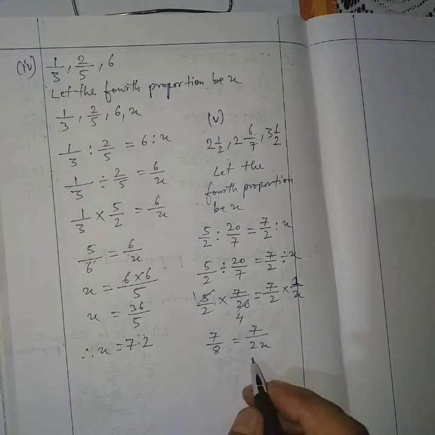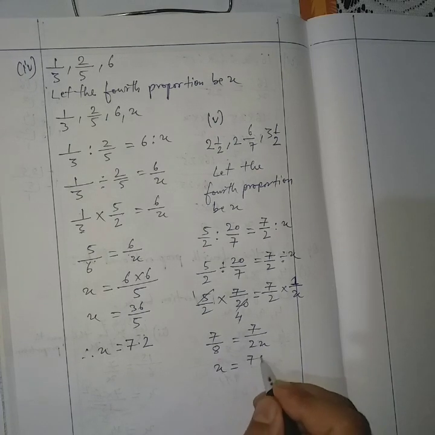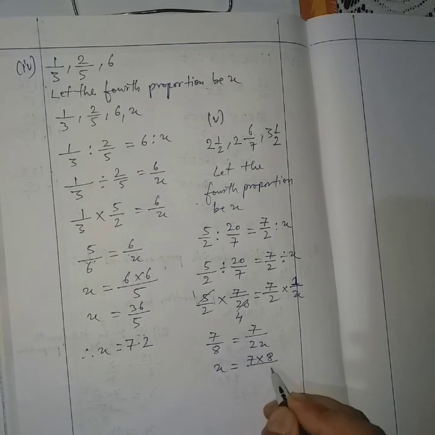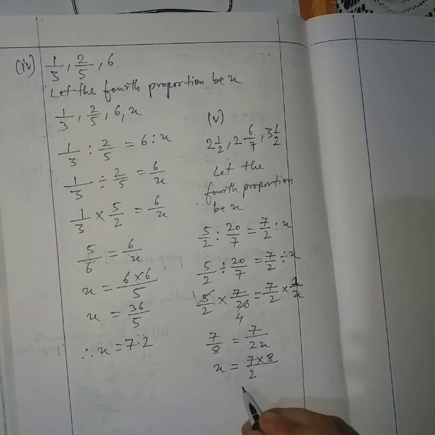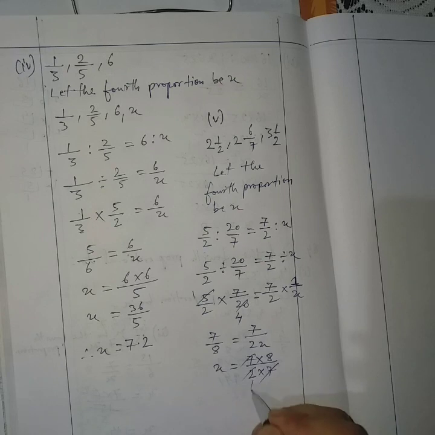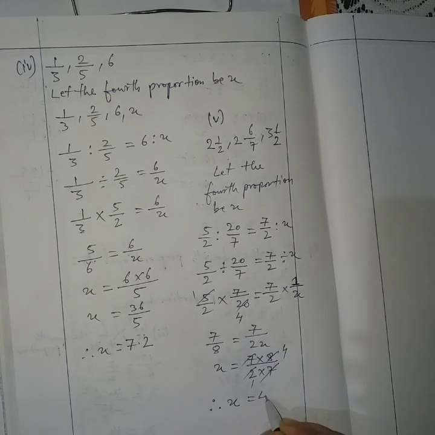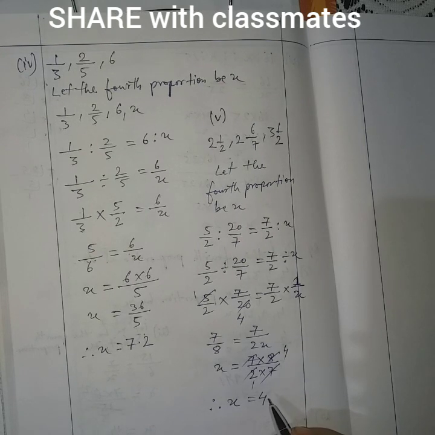So x goes this side and 7 into this 8 divided by 2 is here, and then this 7 and 7 cancel, 2 ones are 2, 4 twos are 8, therefore x is equal to 4 we got. Yes or no?